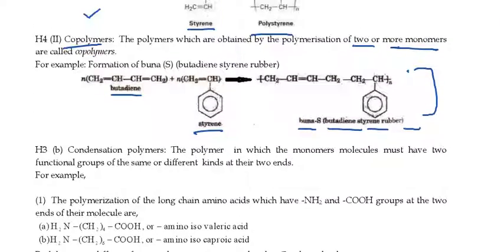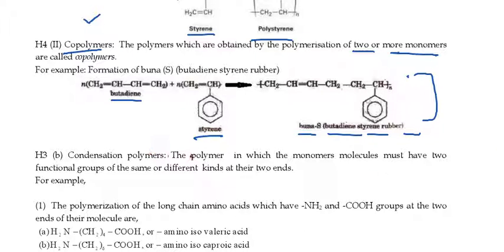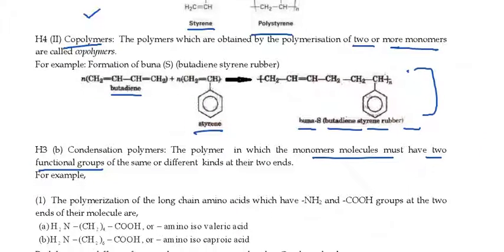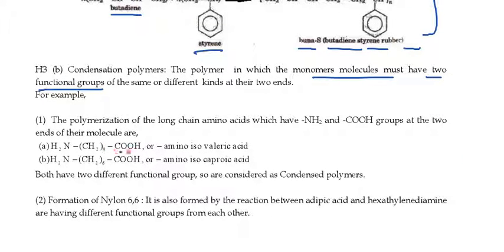In condensation polymers, the monomer molecule must have two functional groups, for example carboxylic acid and amino. If such functional groups are present in the monomer, they form condensation polymers.